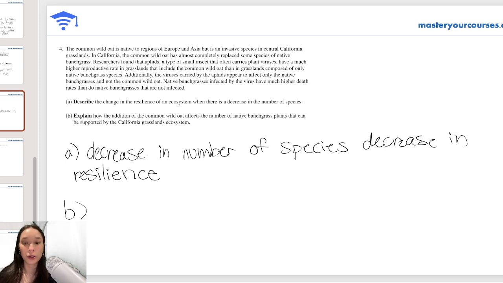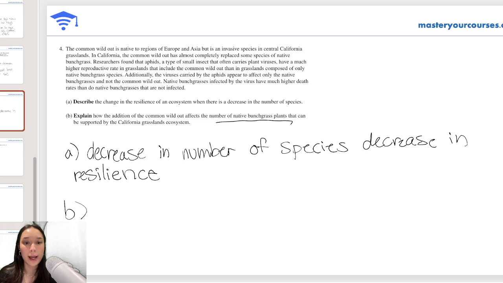This is a pretty broad question. There's probably a couple things you can say for this one. So addition of the wild oat affects the number of native bunchgrass plants. So if we go back to the question, it says that wild oat has almost completely replaced species of native bunchgrass, and that's because of the viruses.